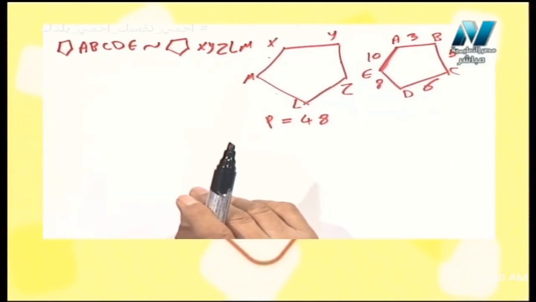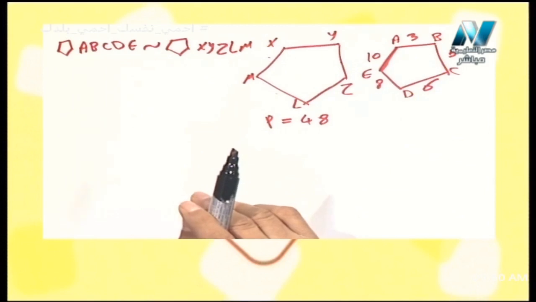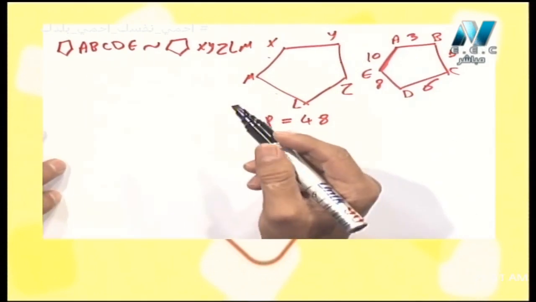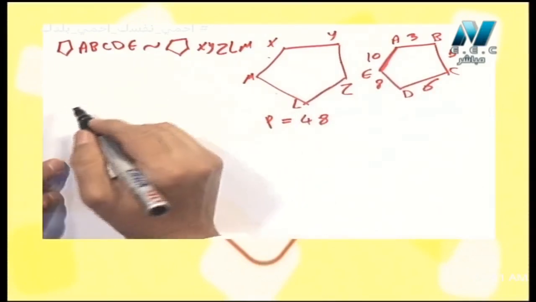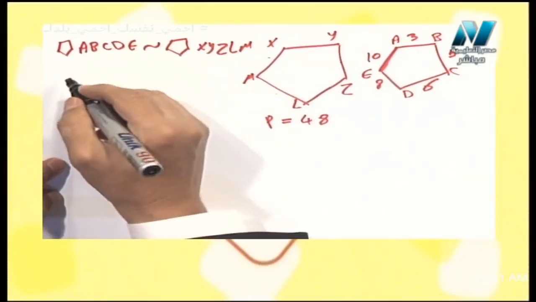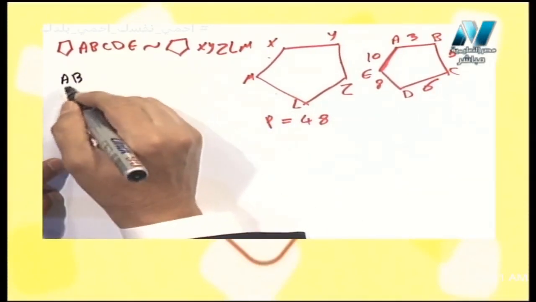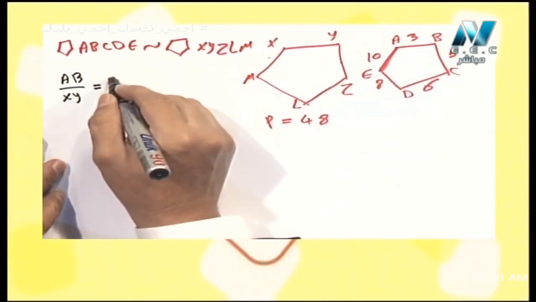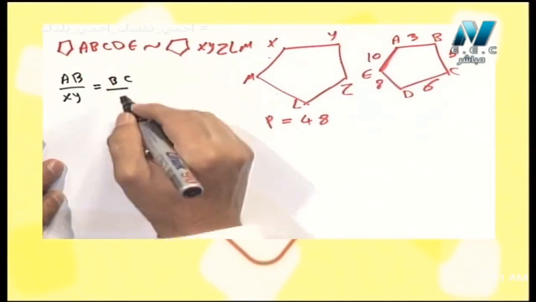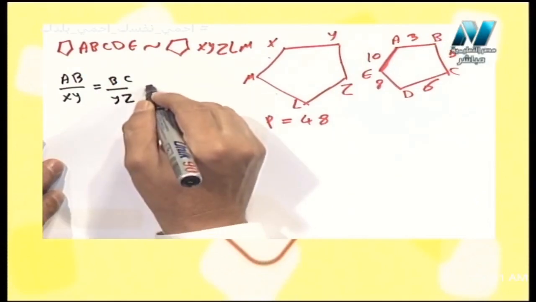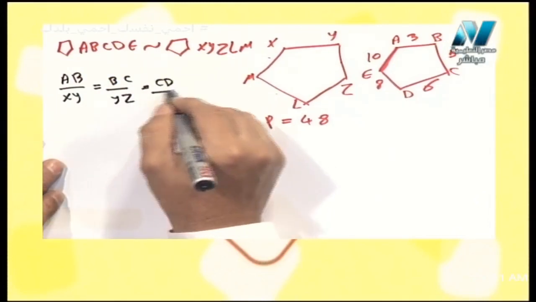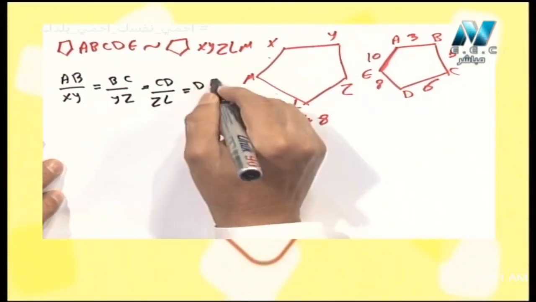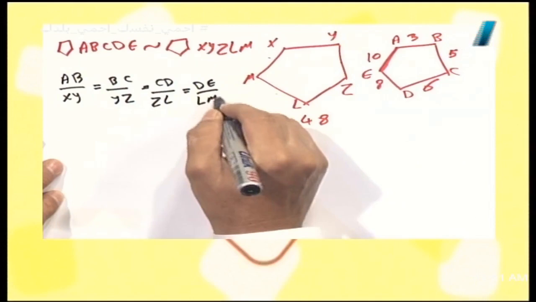First, we will write the ratios of the sides: AB over XY equals BC over YZ equals CD over ZL equals DE over LM.